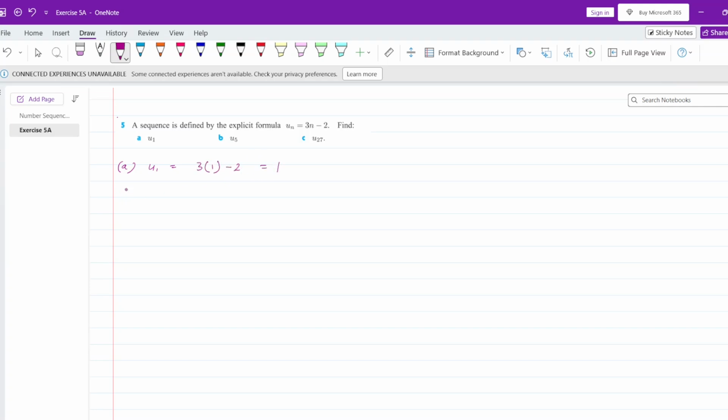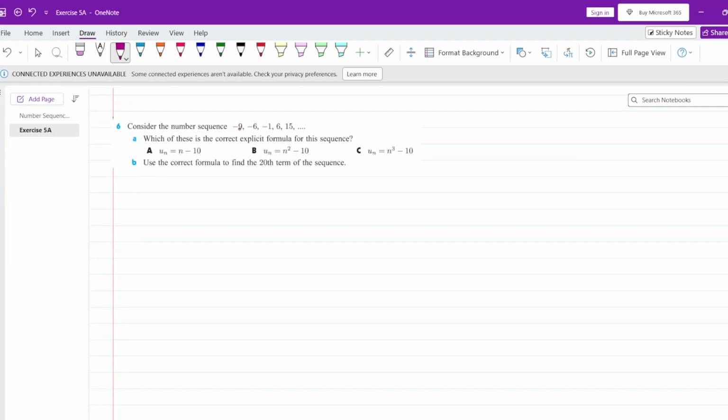That is 1. u5 is going to be 3 times 5 minus 2. 3 times 5 is 15 minus 2, that is 13. u27, so that is 3 times 27 minus 2. 3 times 27 is 81. 81 minus 2 is 79. Let's go to the next question.